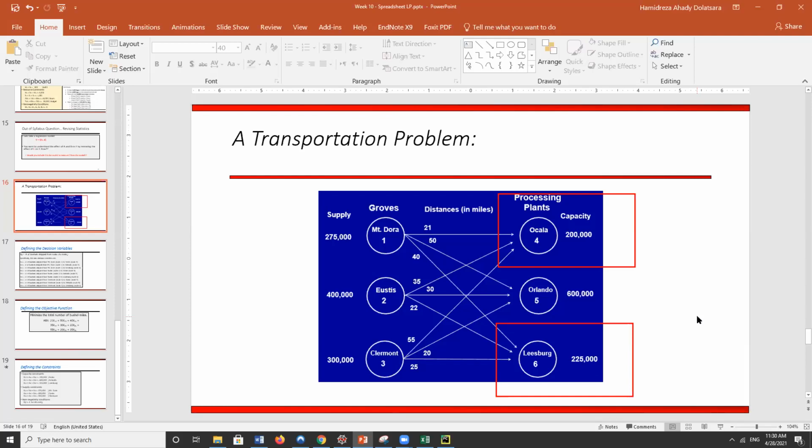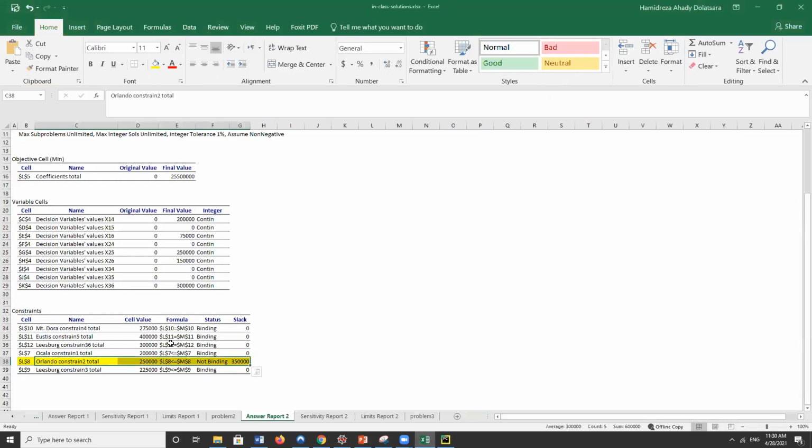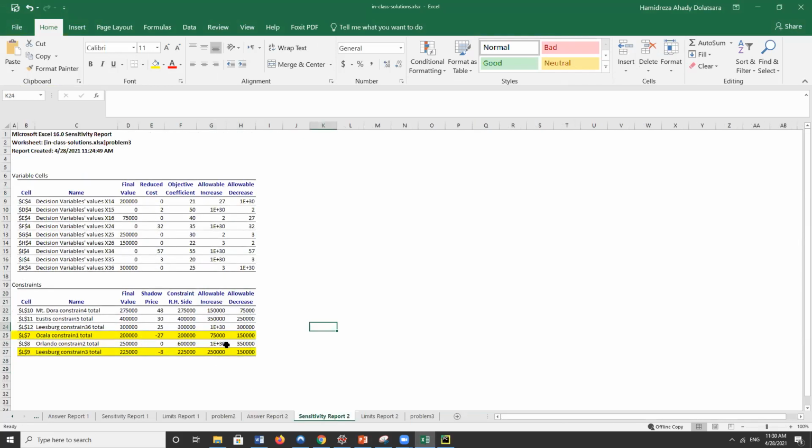For next class, again, we go over other types of problems. And just step by step, you expose yourself to more problems. And for each problem, I recommend to look at the constraint types, look at shadow prices, and think how you can improve the situation.